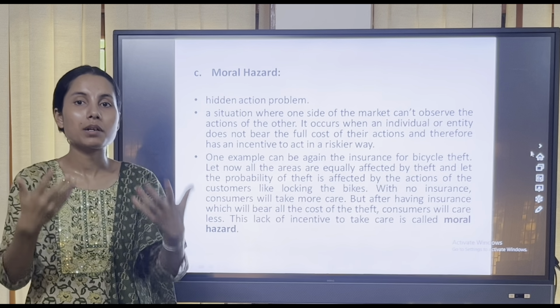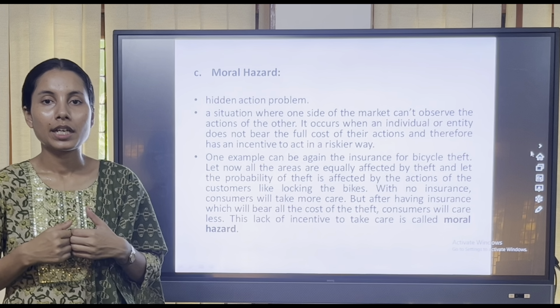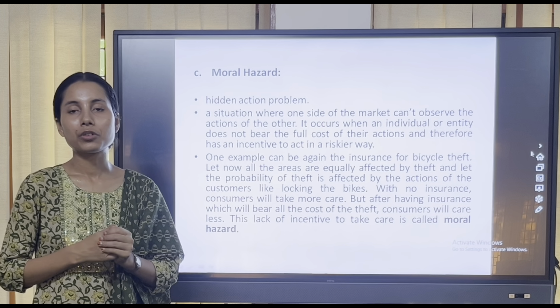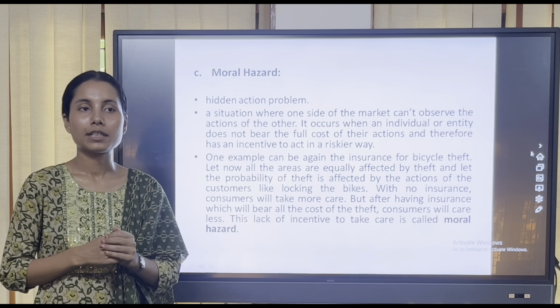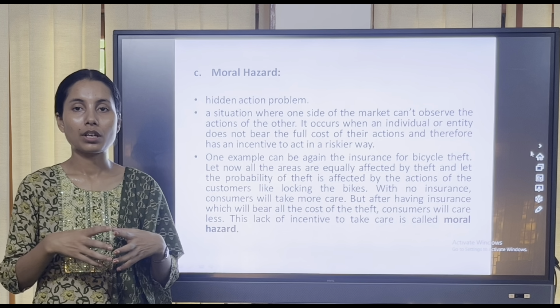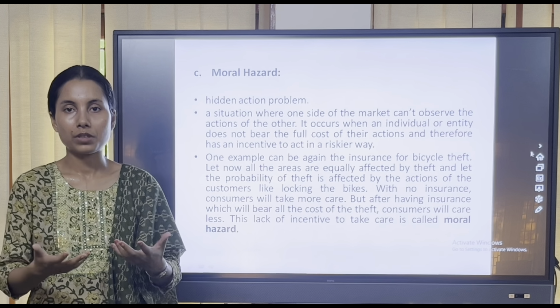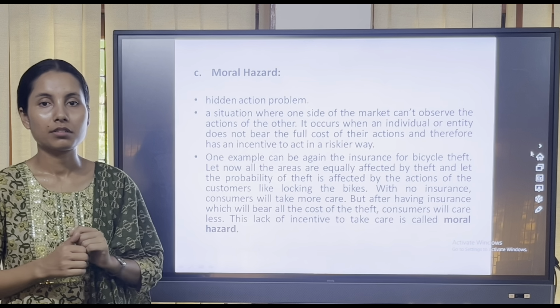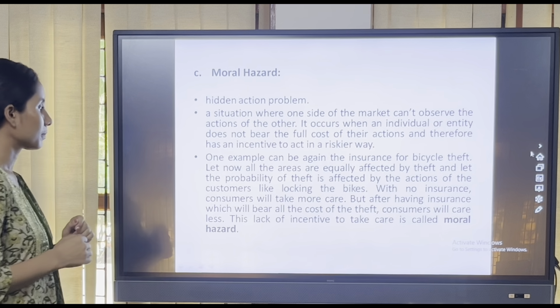It is the insurance company who will bear all the cost. Then my behavior will change. I will not care to take good care of my bicycle, right? My behavior will change. This change in behavior after I am insured against bicycle theft is called moral hazard. Okay?